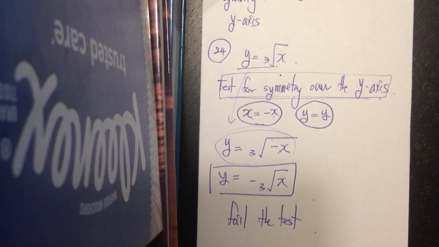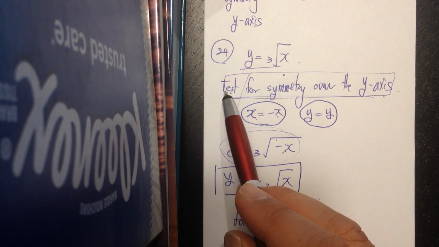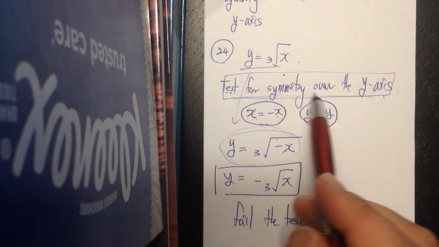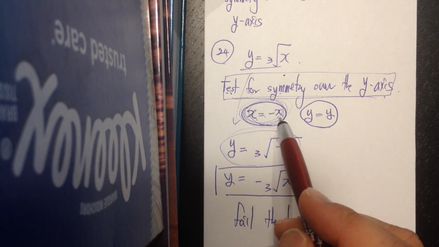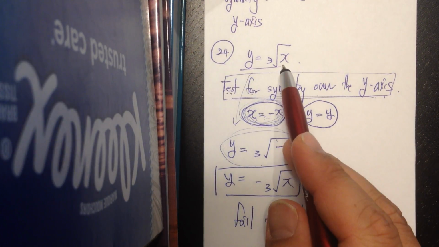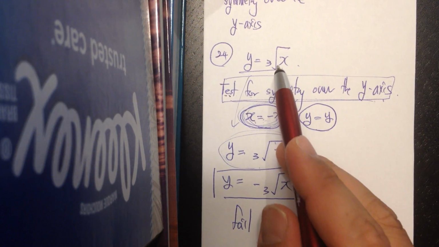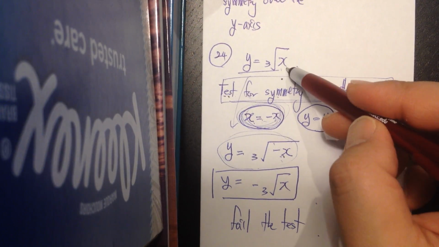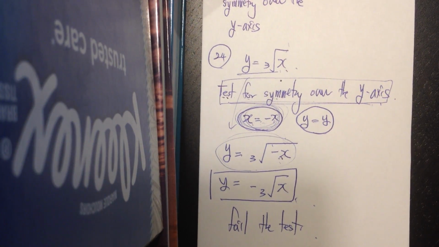Okay. Again, if we want to run the test for symmetry over the y-axis, we're changing the x value to negative, substituting into the equation and hoping that it will produce the same as the original function, which it does not. Okay, let's do the other one.